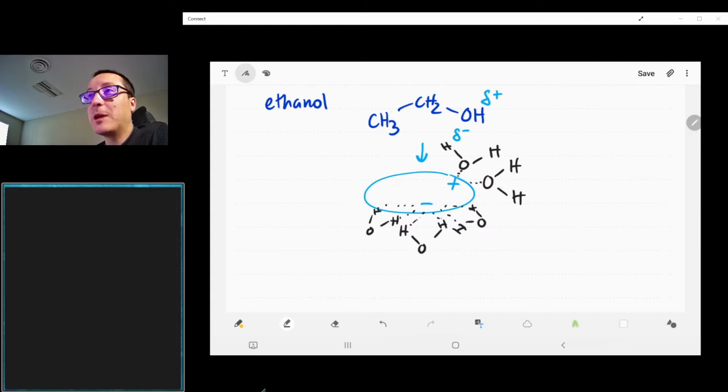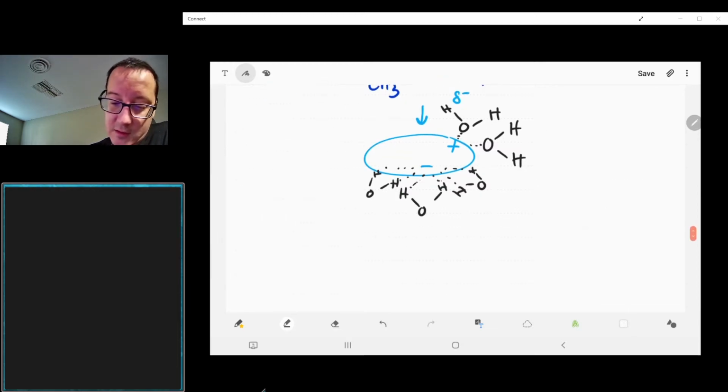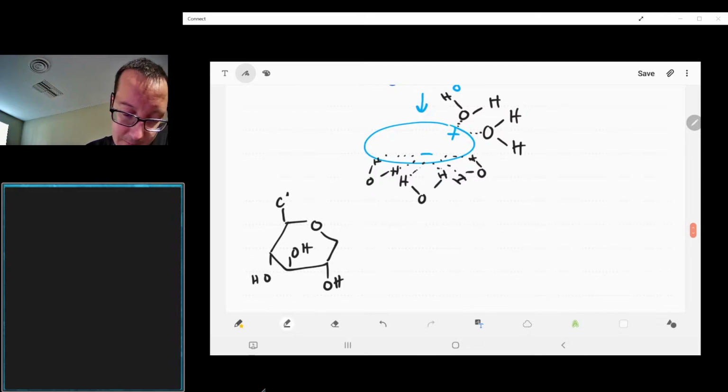So it doesn't have to be ionic for something to dissolve. I mean, we know ethanol dissolves. We know something like glucose dissolves. Glucose looks like this, where we have all these different OH groups on it. So there's all these little polar bits. And so we end up having water super attracted, right?